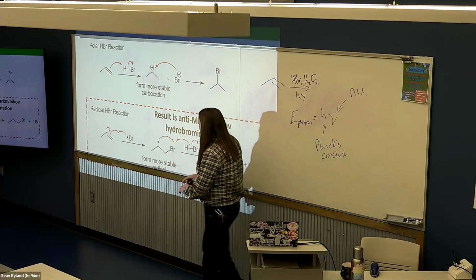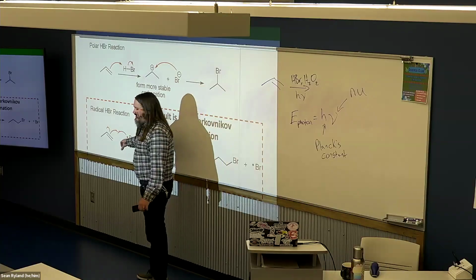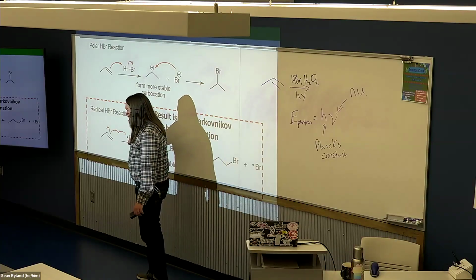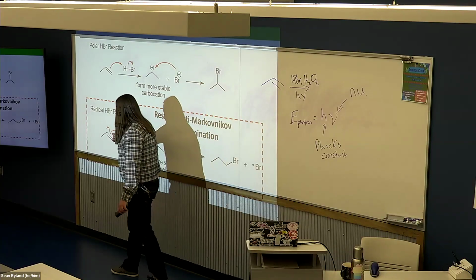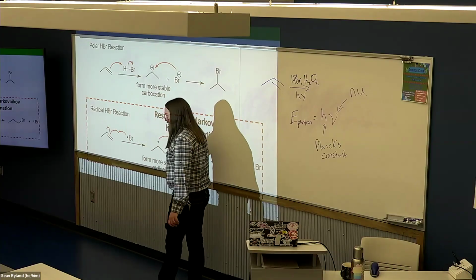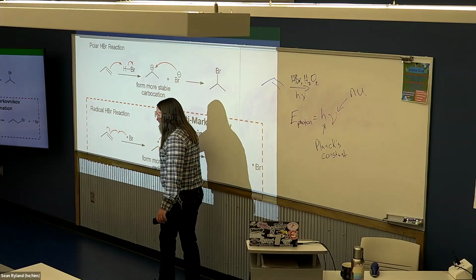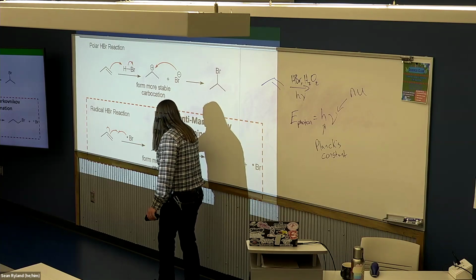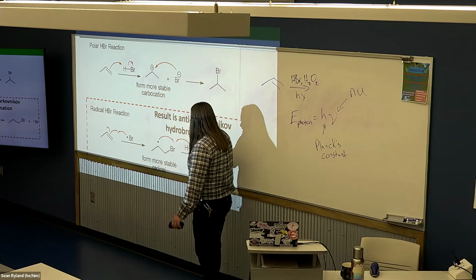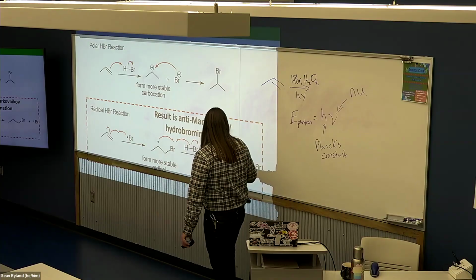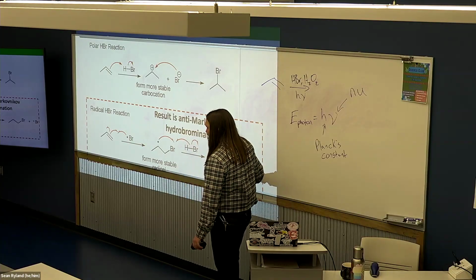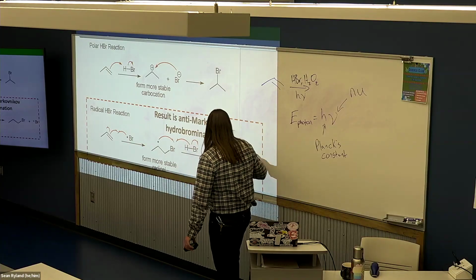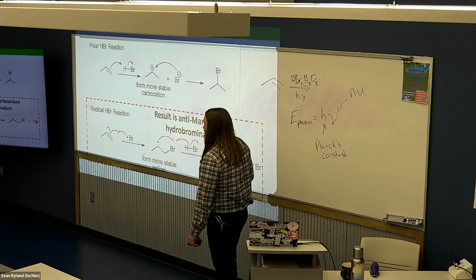We started with a bromine radical that reacted to form a more stable radical, but it's still a radical, which then grabs a hydrogen from another HBr and makes another bromine radical. So we end up making more of what we started with.